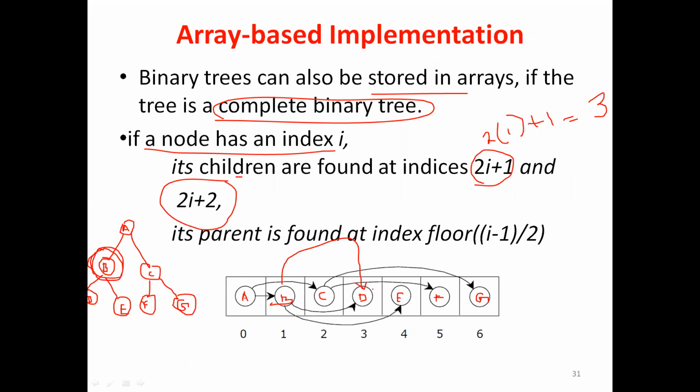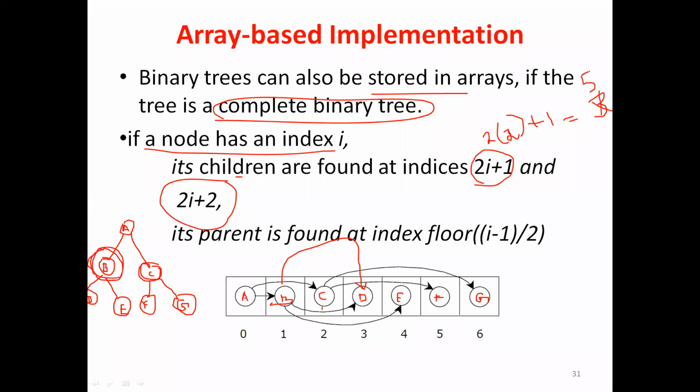If it is a complete binary tree, it is very easy to retrieve the child elements based upon the index of the given node. For example, take C. The index of C is 2. Applying the formula, 2 times 2 plus 1 is 5.